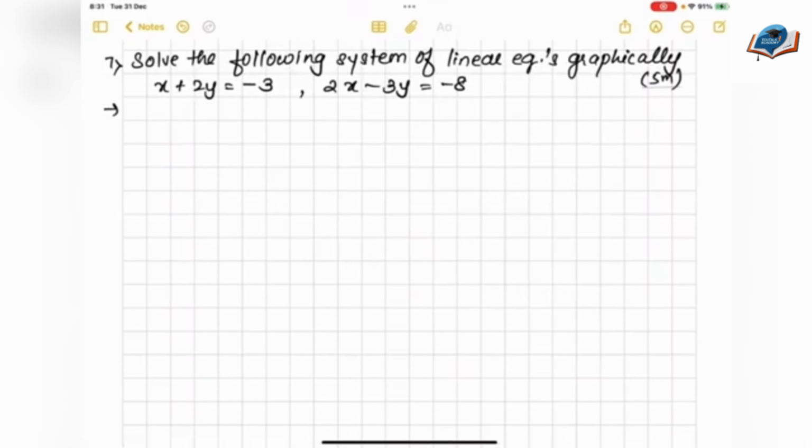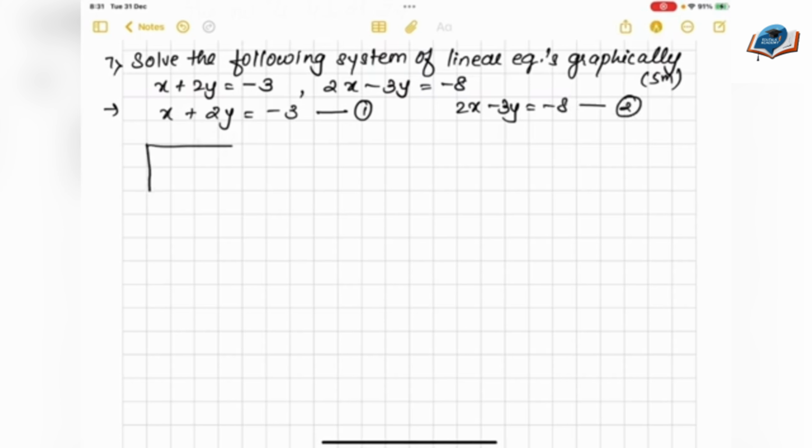Now next question says solve the following system of linear equations graphically. x plus 2y equal to minus 3, 2x minus 3y equal to minus 8. So first of all I am giving them the number to solve. This is 1, this is 2 equation.